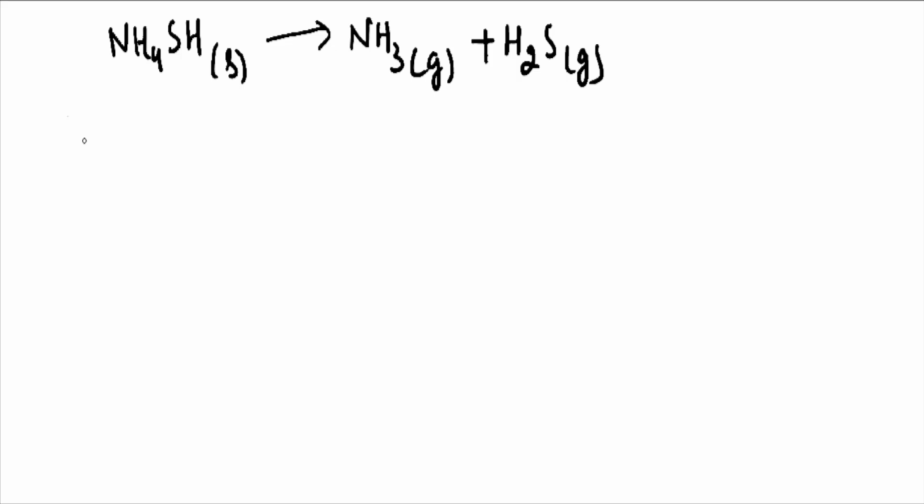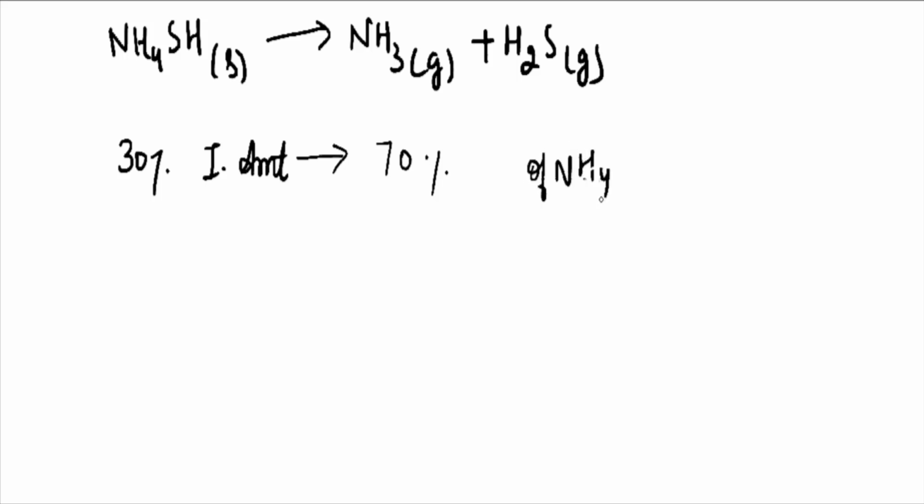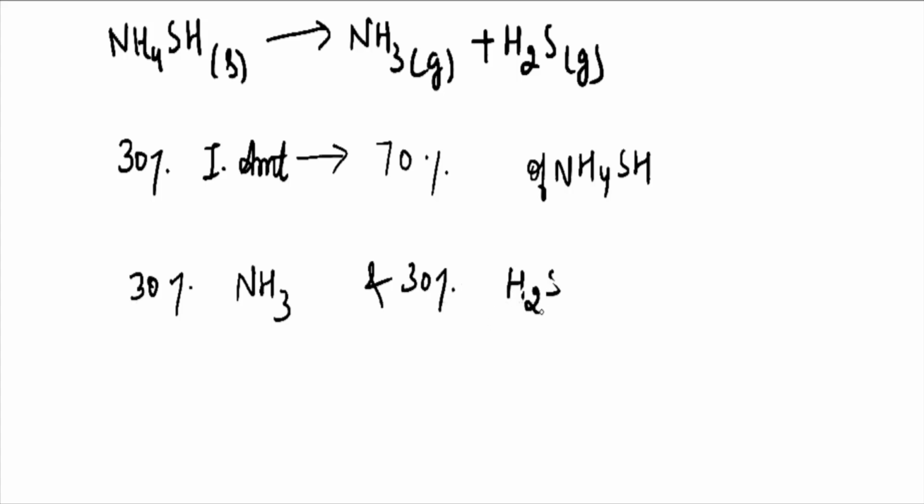Now given 30% of the initial amount has been dissociated, 70% of NH4SH is left and 30% of ammonia and 30% of hydrogen sulfide will form.